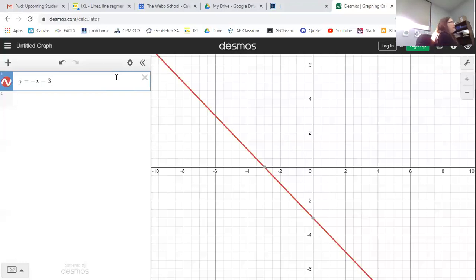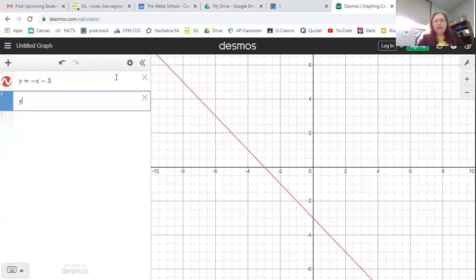So if you hit the plus right above that, and we add a second line, or choose f of x expression, that just means function of x, that means y's and x's. And then we put in a new equation, it's going to be y equals minus 2x minus 5.